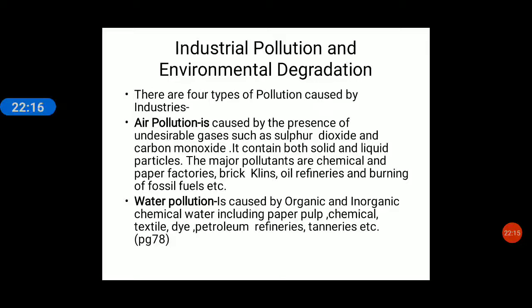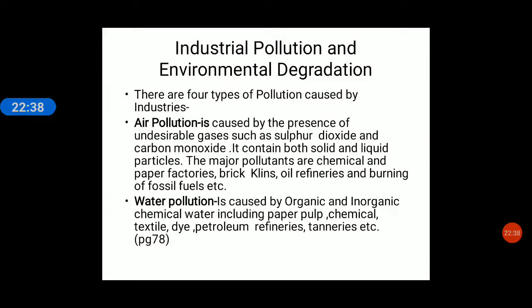So many died also, and till today, the effects of this gas are felt by the people who were born later on.